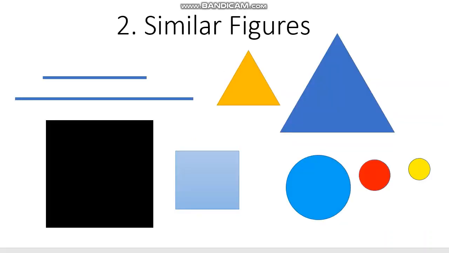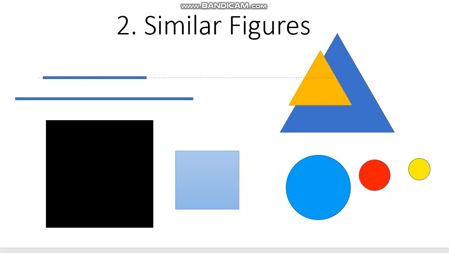Now children, let us see what are similar figures. See, here you have seen this is a line segment, and again this one is also a line segment. Both the line segments look similar to one another. See here, this is a triangle, and again this is also a triangle. Both of them look the same, but the size is different.